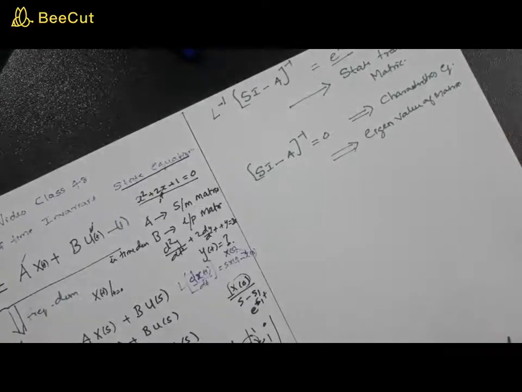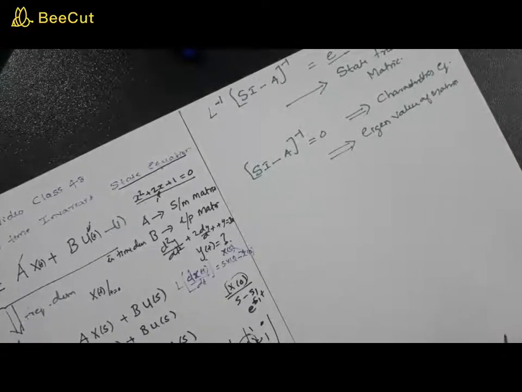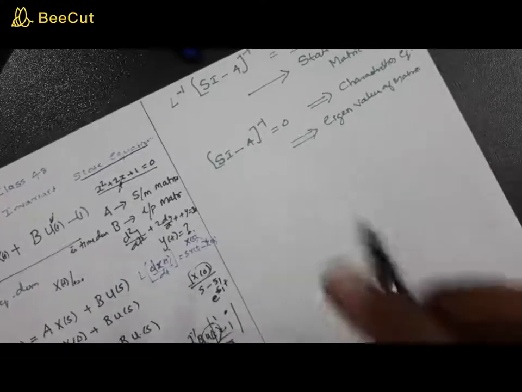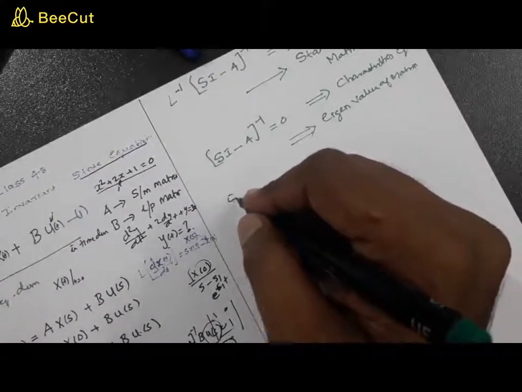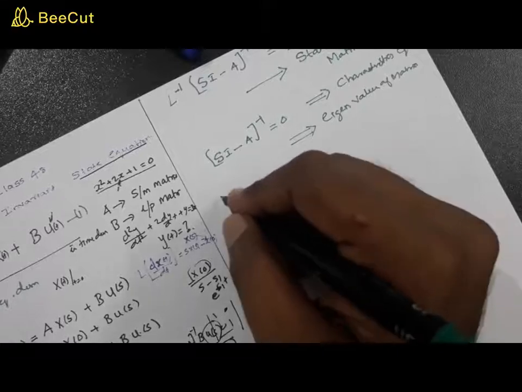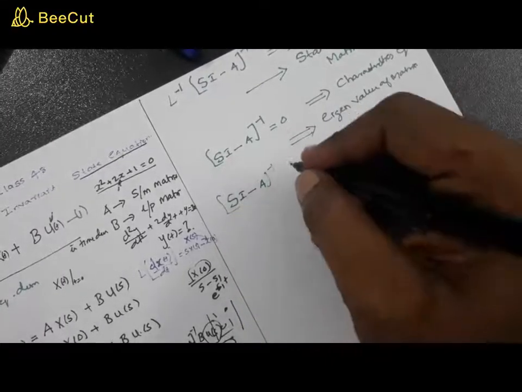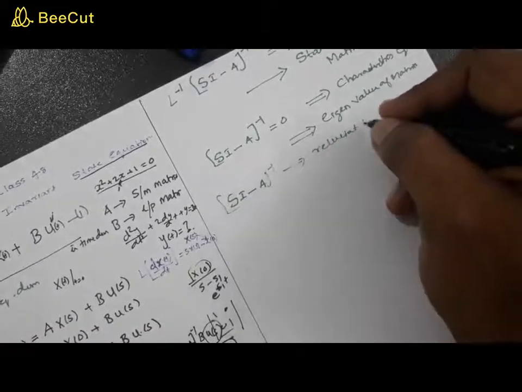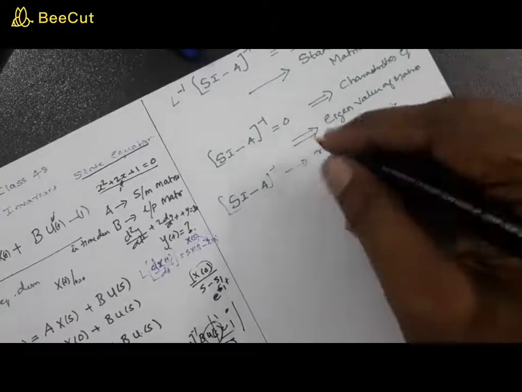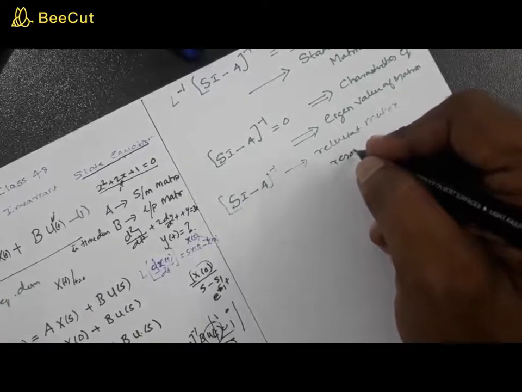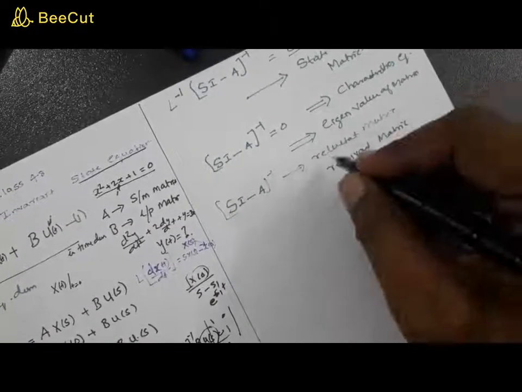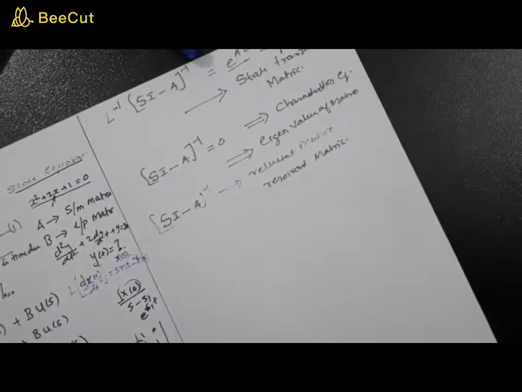As you all know, we have already studied that the solution of the characteristic equation always gives you the poles. Now this matrix sI minus A inverse is called the resolvent matrix.